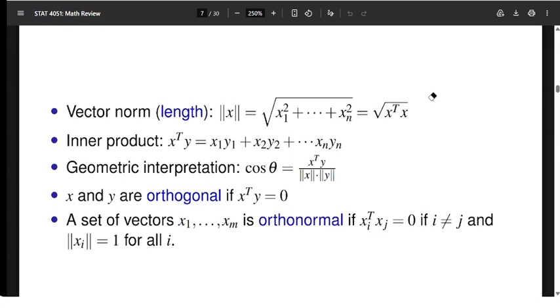I just talked about geometric interpretation, where I want to figure out the angle between two vectors, and without the knowledge of vector norm and inner products, we may not be able to move forward. Now, let me tell you this. Under principal component analysis, initially we have a lot of features.